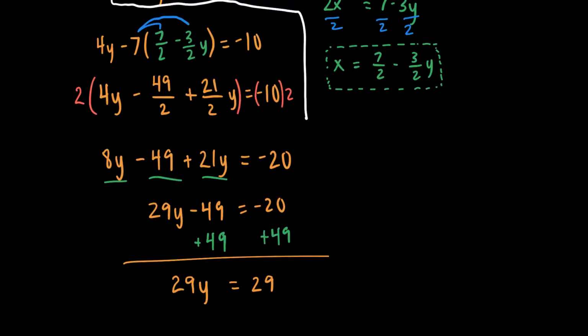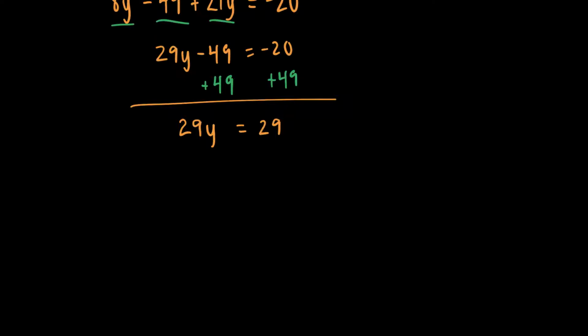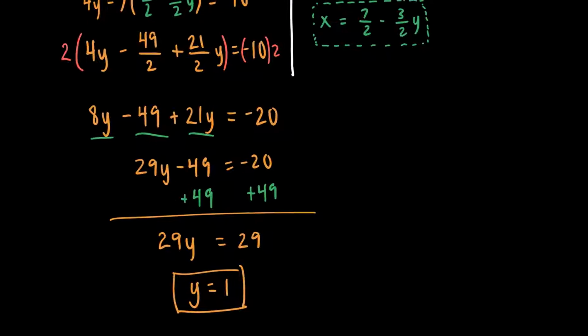Oh, that's actually rather convenient. Sometimes on these problems you get fraction substitutions, you get fraction answers. All right, so if you divide by 29 on both sides, you'll get y is equal to 1. So 29 over 29 is 1. So y is 1.